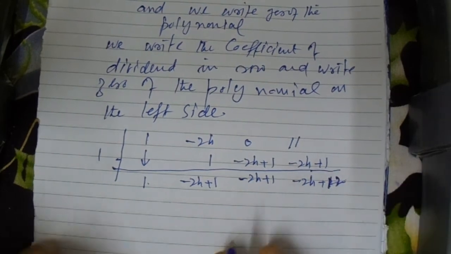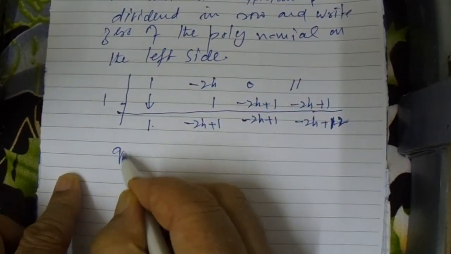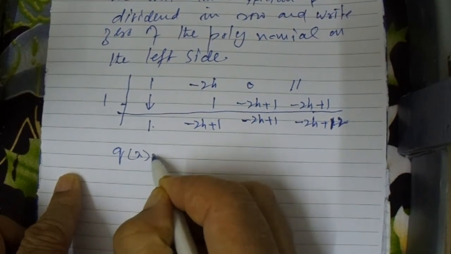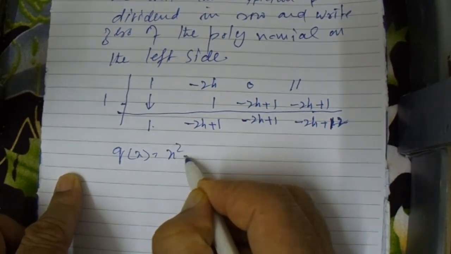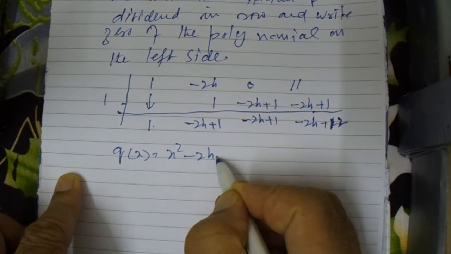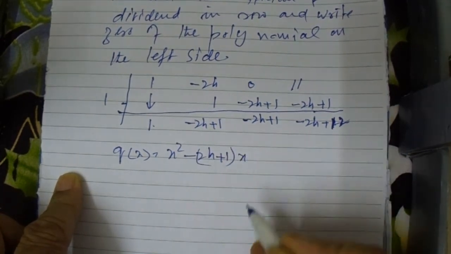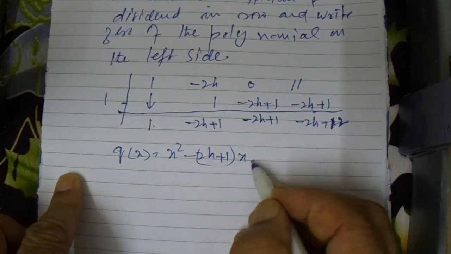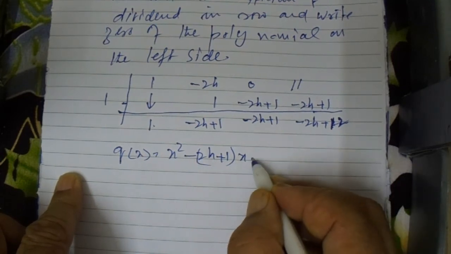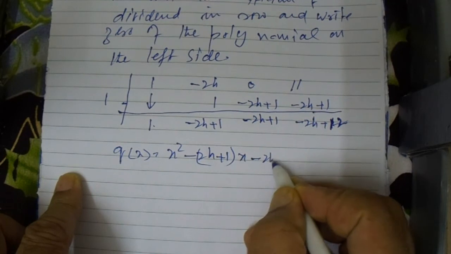Now this is 12. Now the quotient is x² plus minus 2h plus 1 x plus minus 2h plus 1.